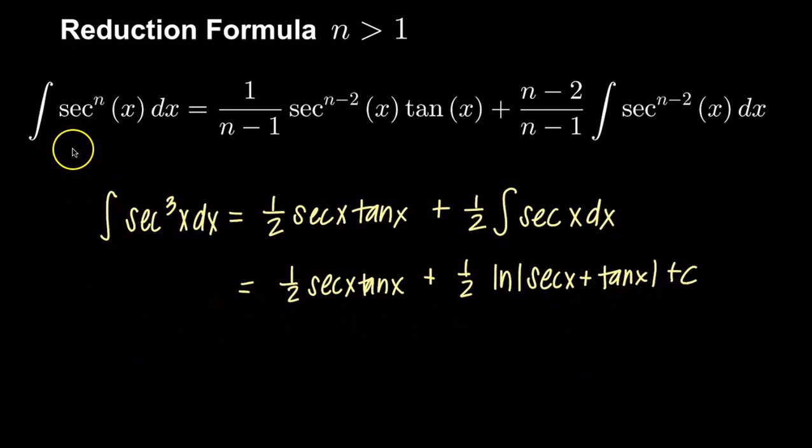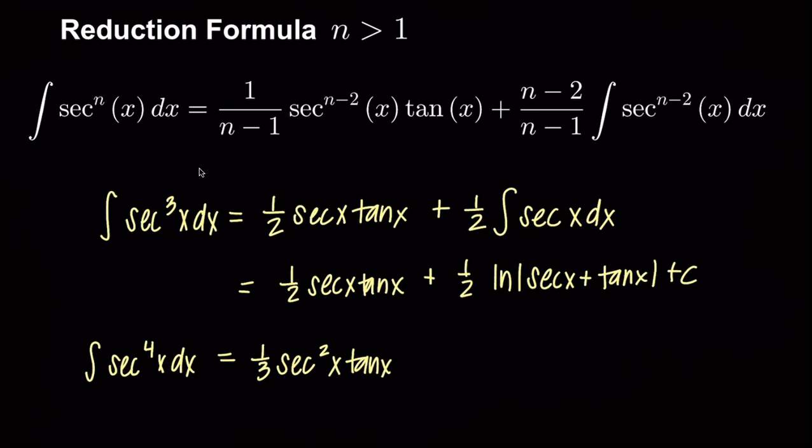But again, it also works for higher powers. We just have to memorize it. But let's try it one more time for a higher power. So let's say the integral of secant to the 4th x dx. So our n is 4. 1 over 4 minus 1, we have 1/3. Secant to the 4 minus 2, that's 2, secant squared x tangent x plus 4 minus 2 over 4 minus 1 is 2/3.